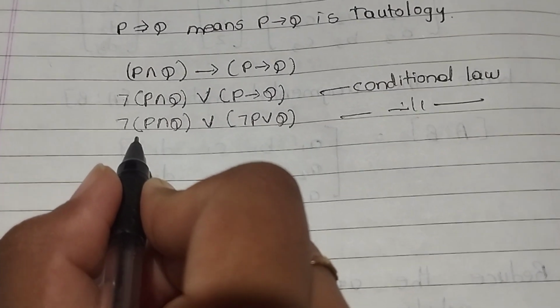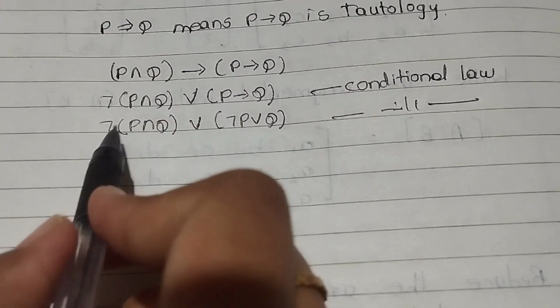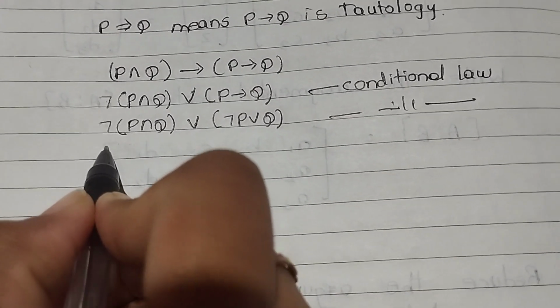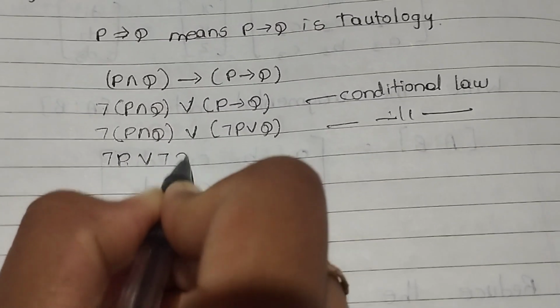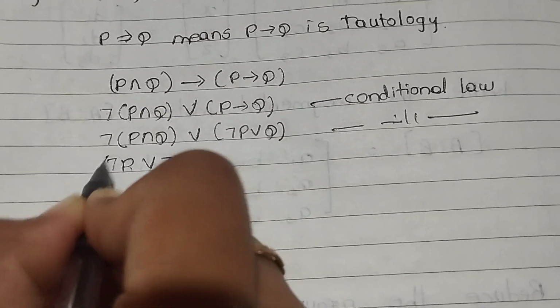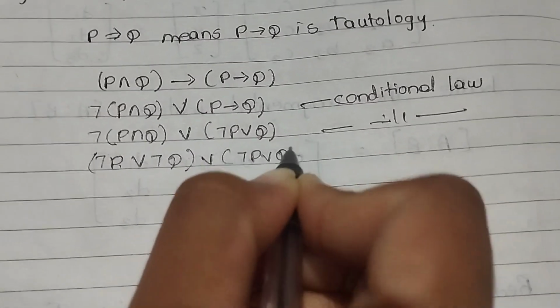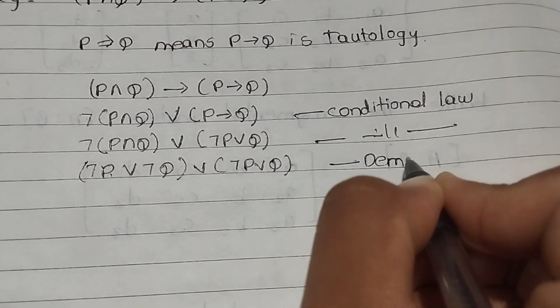Now we use De Morgan's law and solve the bracket, meaning multiply with negation and change the connective. So negation P and negation Q, or negation P or Q, using De Morgan's law.